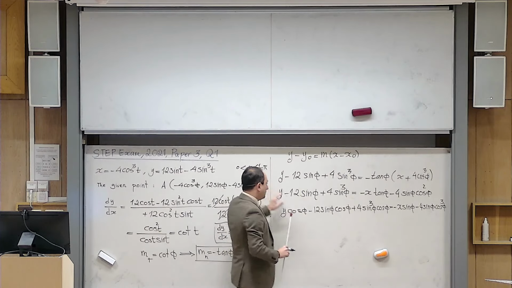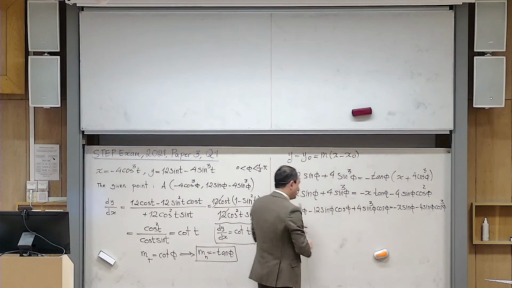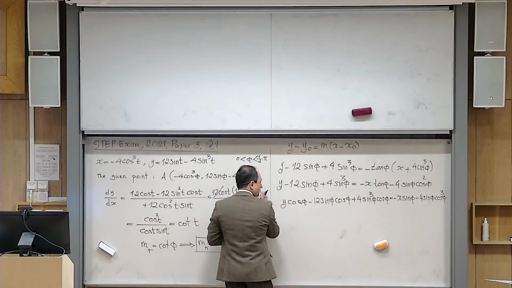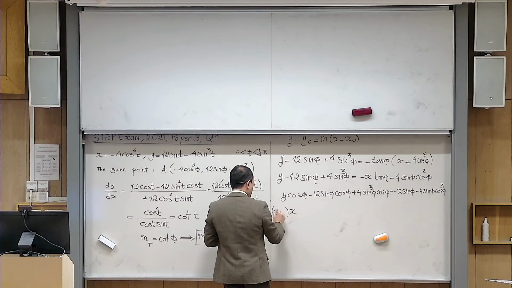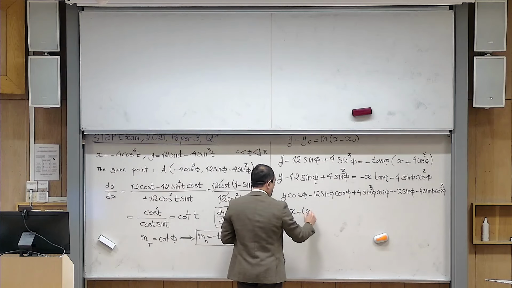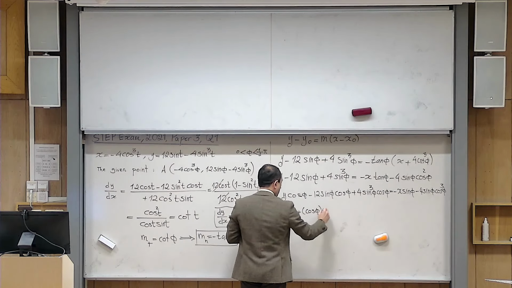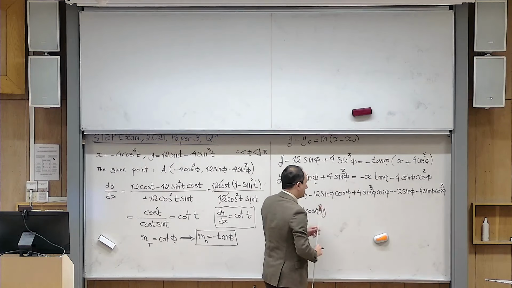Okay, and then what I do, I move the x term to the left to write them in a standard form. So I would write x, if you want I can write sine phi here, and then I will have this one which is cosine phi y, and then I moved everything here to the other side.